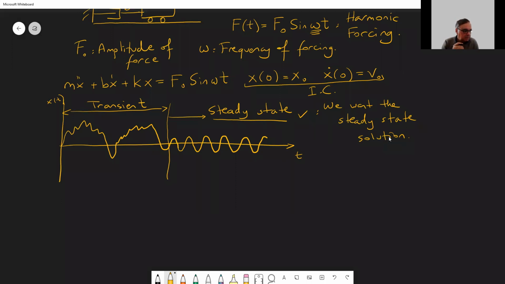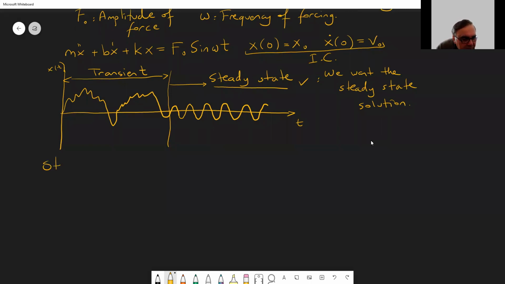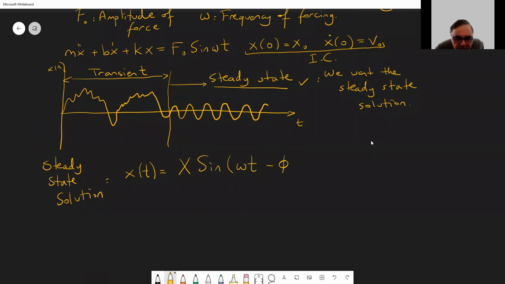So our solution, the steady state solution, x of t, we will define it as follows. It will be some amplitude X times sine of omega t minus the phase angle phi.